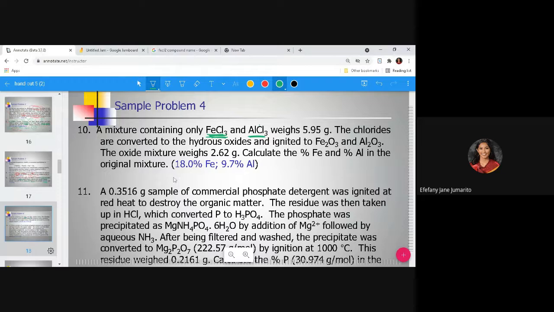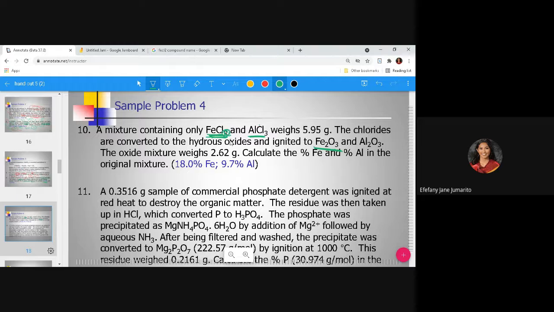Now, when we ignite it, it is converted into hydrous oxides. After ignition, it became Fe2O3. What's that? Ferrous oxide? What is it if it is 3?